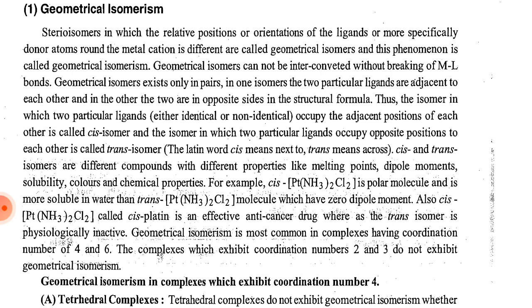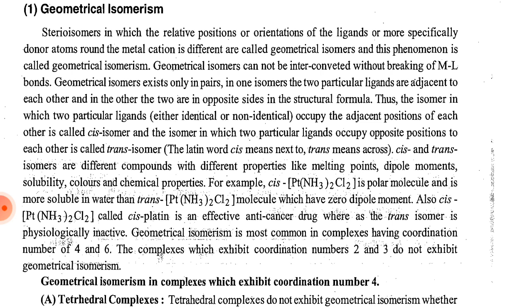It is a kind of isomer where two ligands, whether identical or not, occupy adjacent positions to each other. That is called a cis isomer.